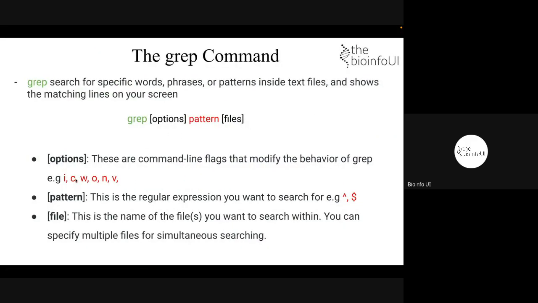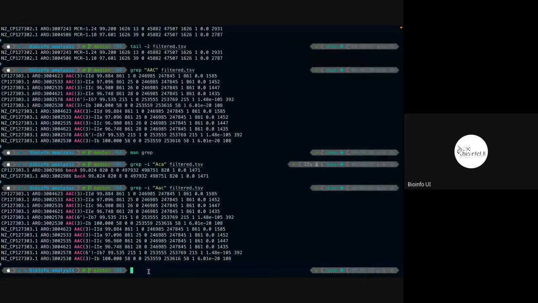This is the -c option. The c stands for count. If you want to count the number of lines that contain the particular pattern you are searching, all you need to do is use the -c option.